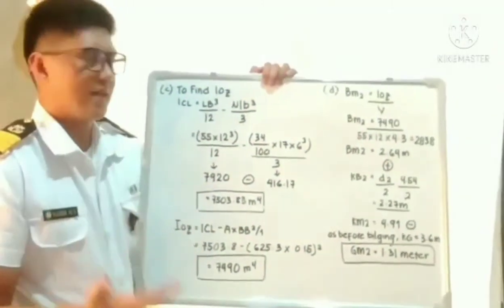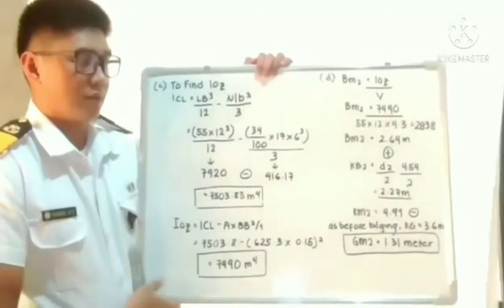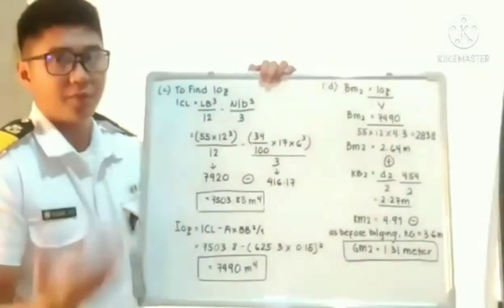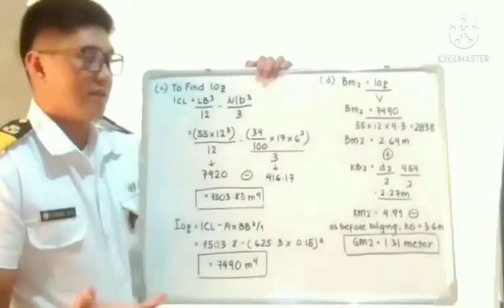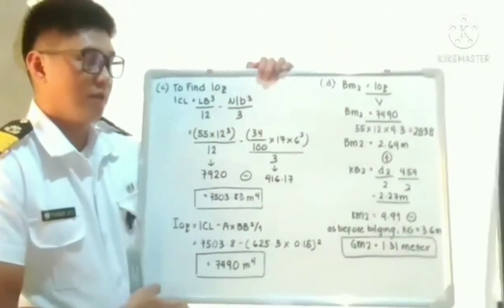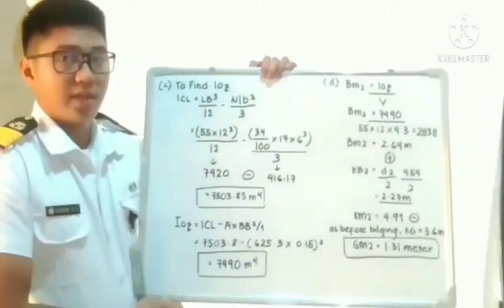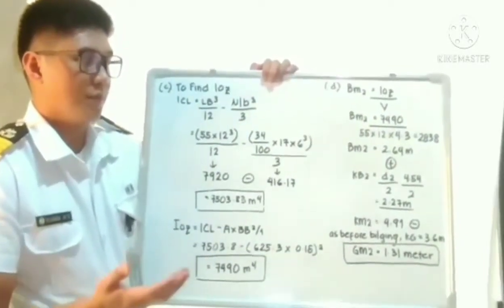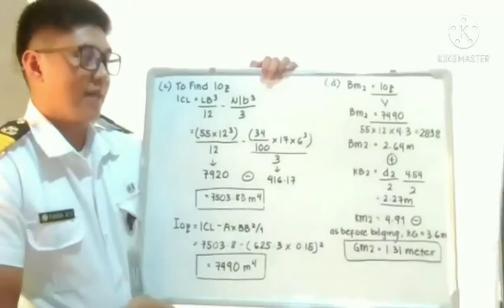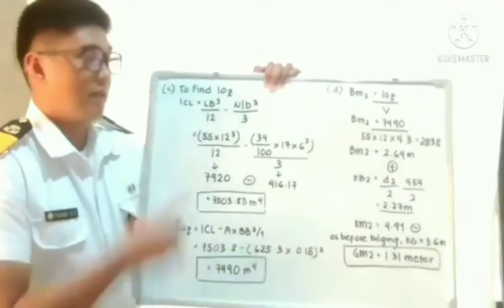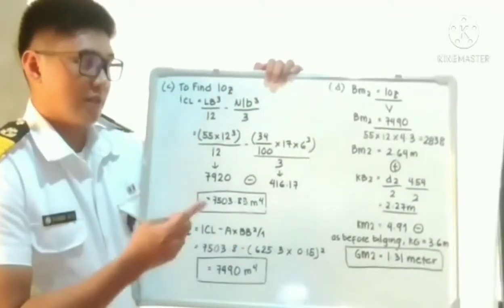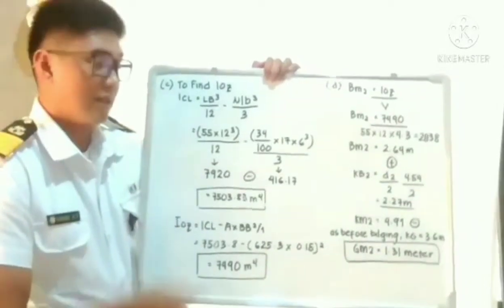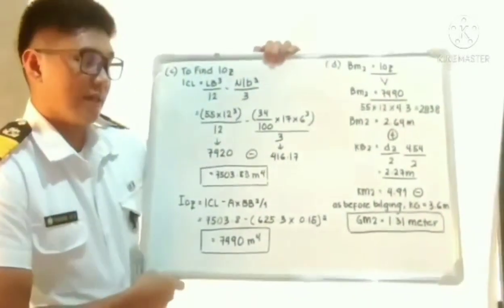So how did we obtain the KB? D2 over 2, so 4.54, our draft earlier. You need to divide by 2, so you have 2.27 meter. To obtain the KM2, you have to add the BM2 to KB2. So 2.64 meter plus 2.27 meter, you have the 4.91.